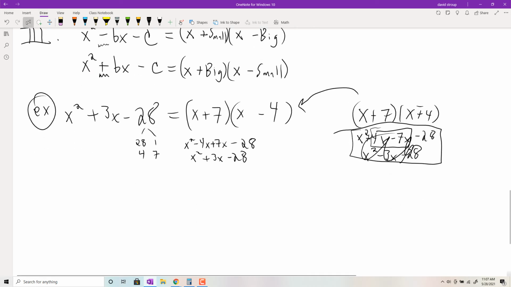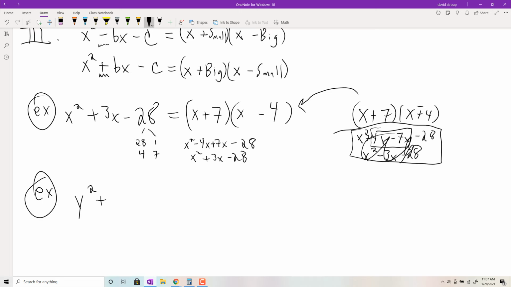Okay, let's look at a couple more examples. Here's one with a different variable. Set up your parentheses. You see that negative in the second position here, so it's automatically plus minus. Instead of x times x, you have y times y.